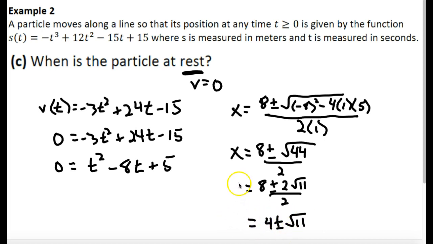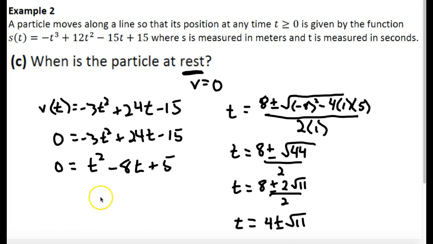So if I wanted exact answers, that would be what I would say. And I guess I should have actually made this t, not x, right? So these are the times when the particle is at rest: 4 plus or minus the square root of 11.